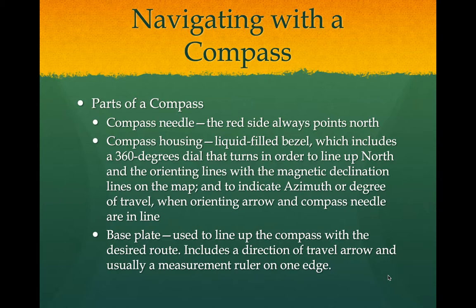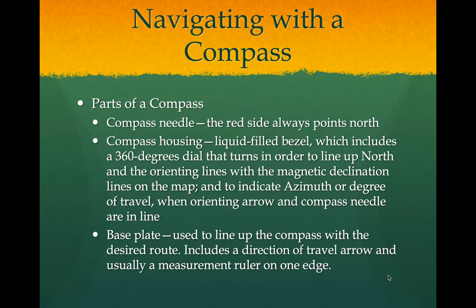The compass housing is the liquid filled part that turns, in order to keep everything moving the way that it's supposed to and keep that red needle on north. And so the compass housing is just the actual liquid filled part that contains everything that you need, so that it can move the way that it's supposed to.